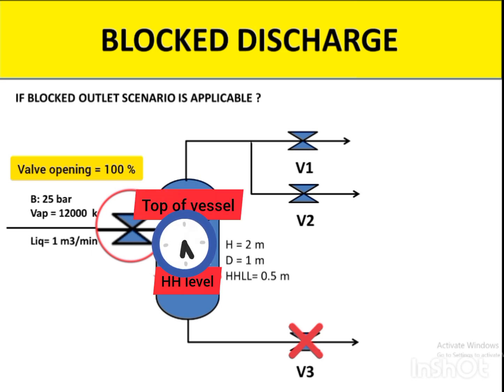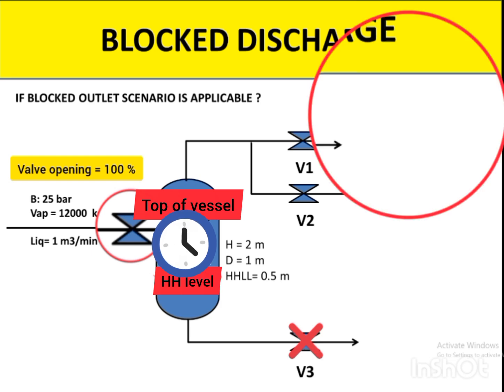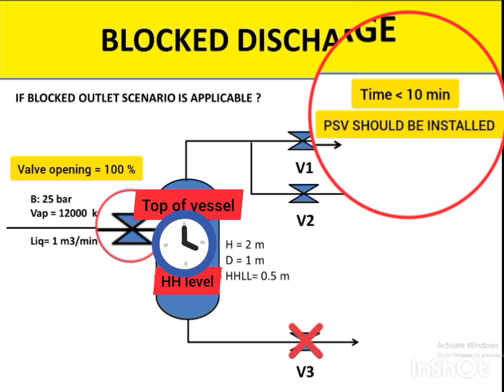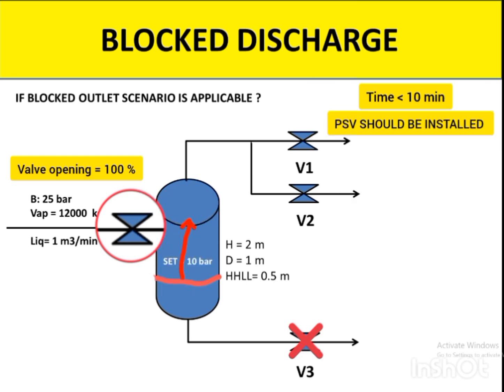If this time is less than 10 minutes, we should install the PSV for the liquid outlet, which is valve 3. So let's calculate the empty volume within this vessel.